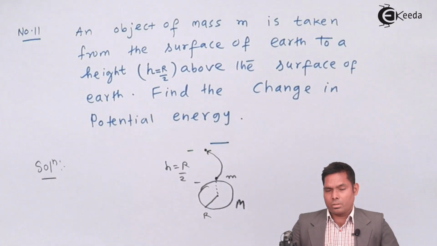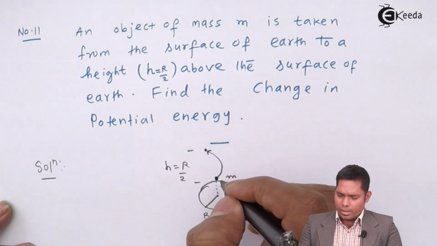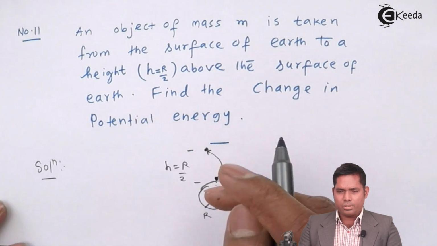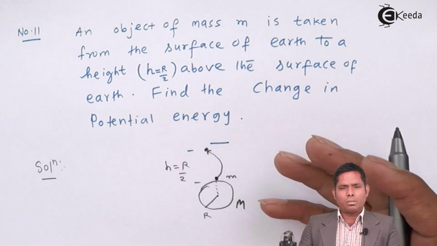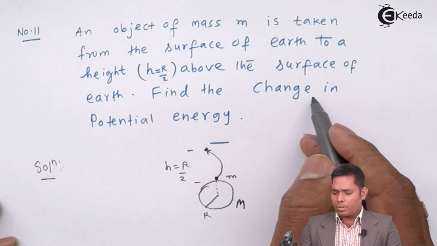Then in that situation, what is the change in potential energy? Because when it is here, the potential energy is something else, and when it is here, the potential is something else. So the subtraction of this from that will give me the change in potential energy.